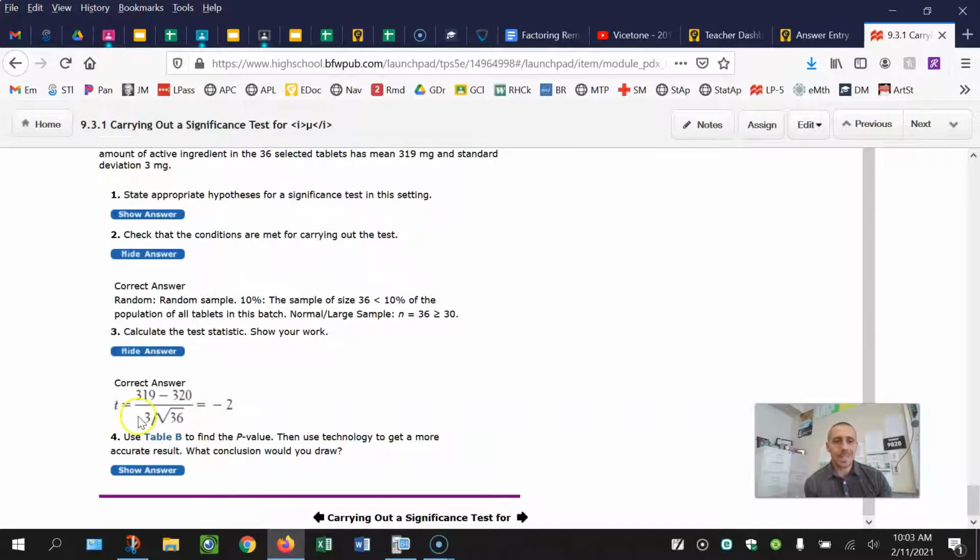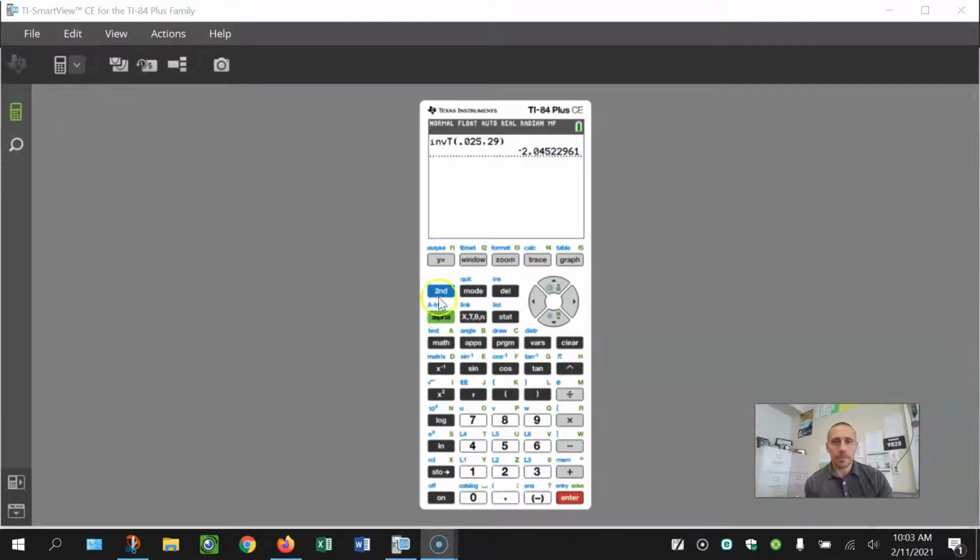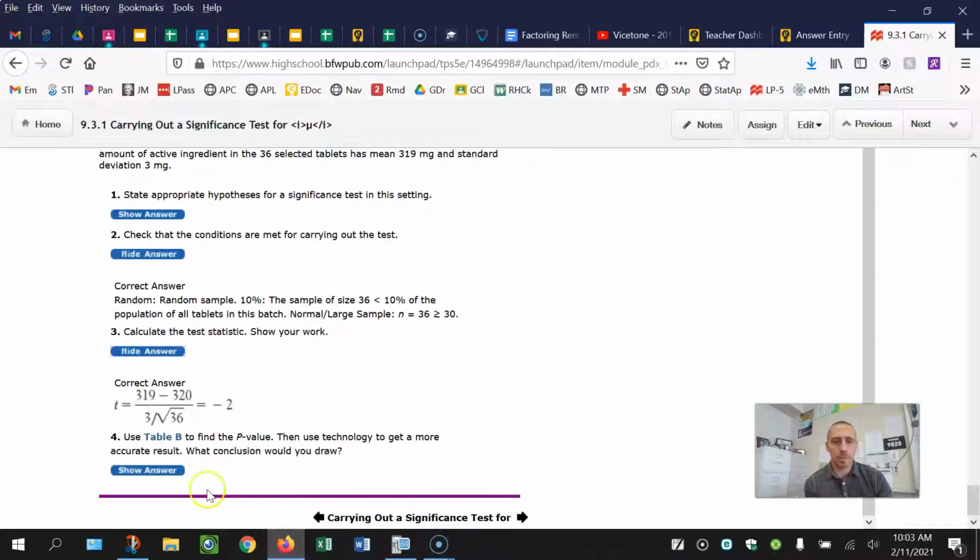I'm going to use tcdf, and I'll show you how to use that. Second vars, tcdf number 6, similar to normalcdf, lower, upper negative 2, degrees of freedom 36 minus 1 is 35, paste. So 0.026 approximately is our p-value.